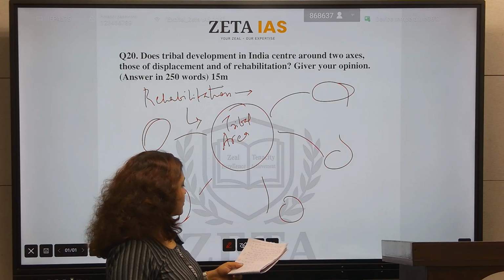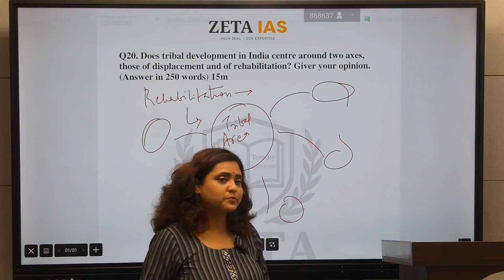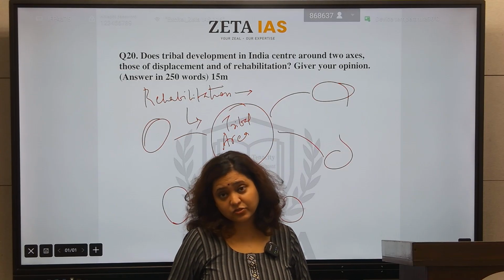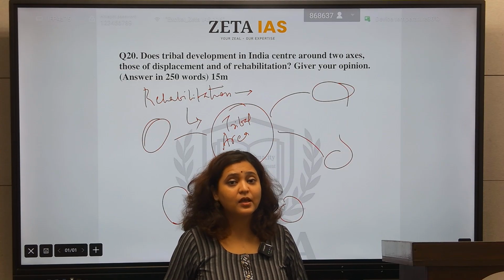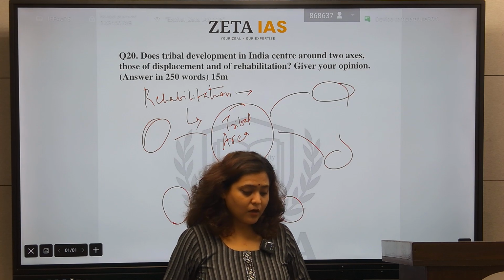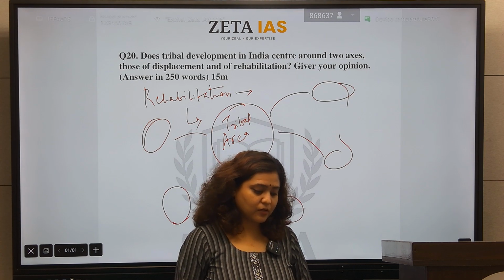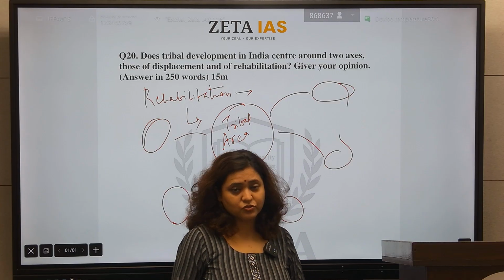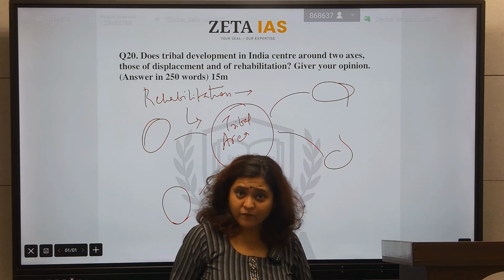Though the Right to Fair Compensation and Transparency in Land Acquisition, Rehabilitation and Resettlement Act 2013 provides a legal framework for land acquisition, fair compensation and rehabilitation. And these are all the government efforts that I'm talking about.